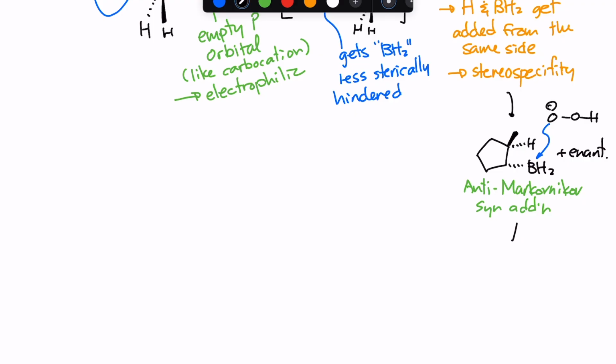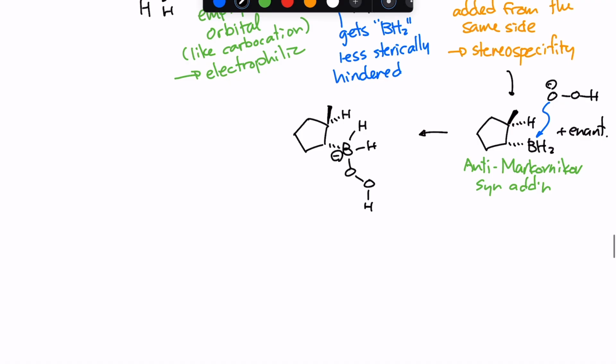Well, maybe I'll draw it over here. That of course puts a negative charge on the boron, right? Now, one of the things I want you to know about oxygen-oxygen single bond is it's notoriously a weak bond.